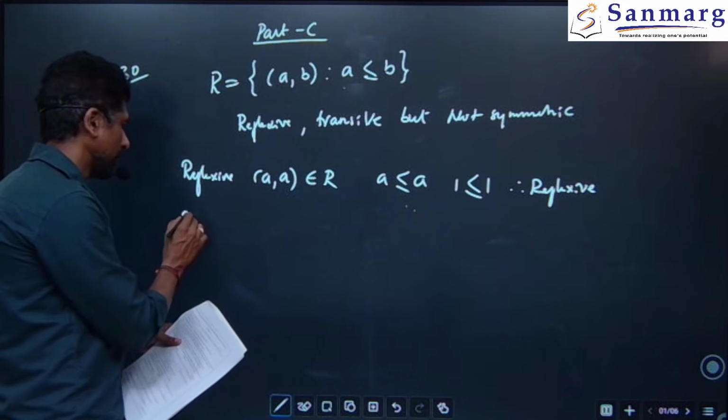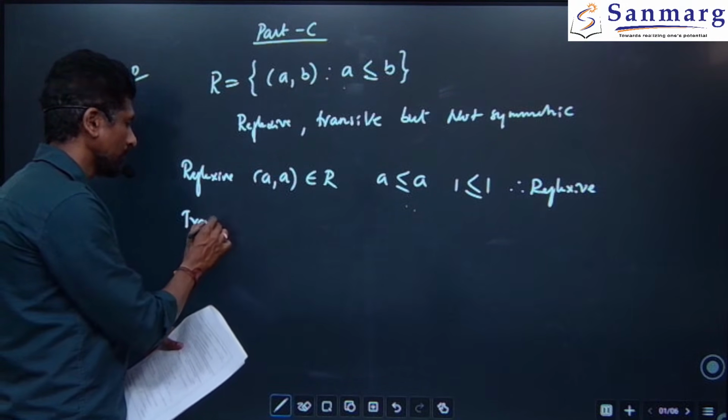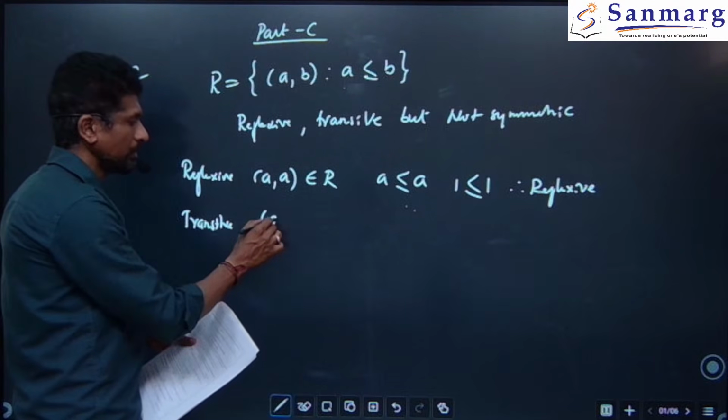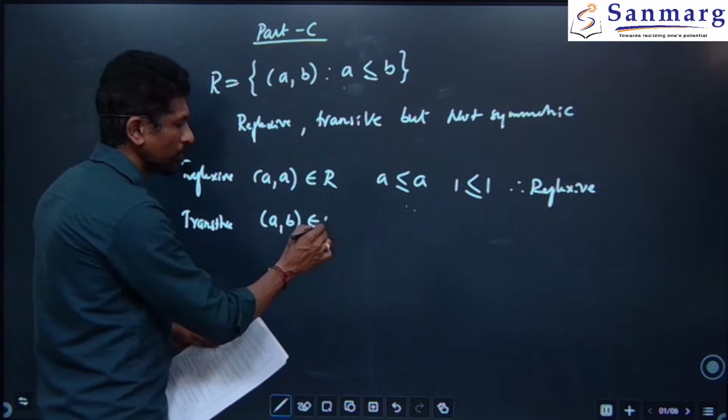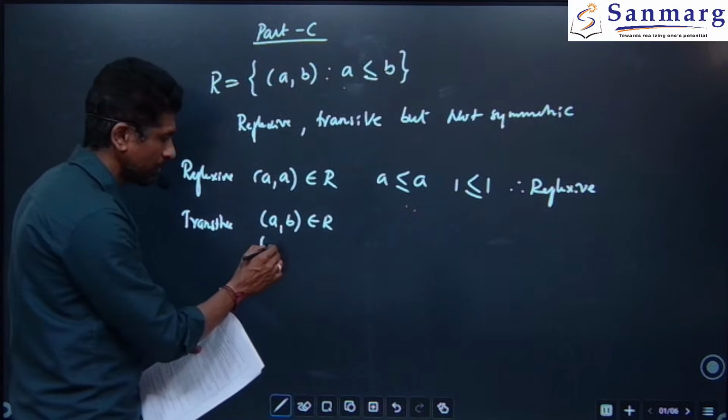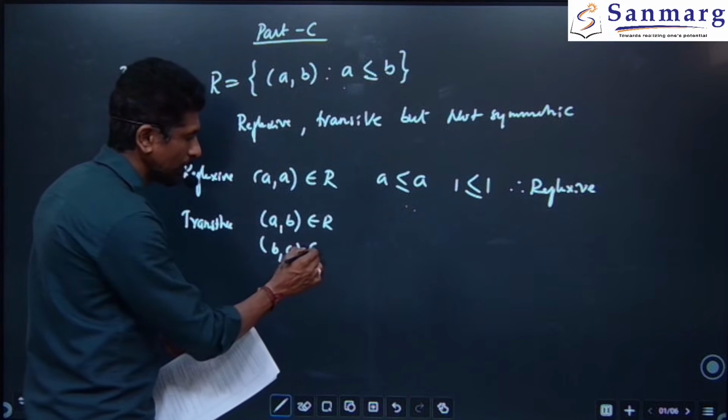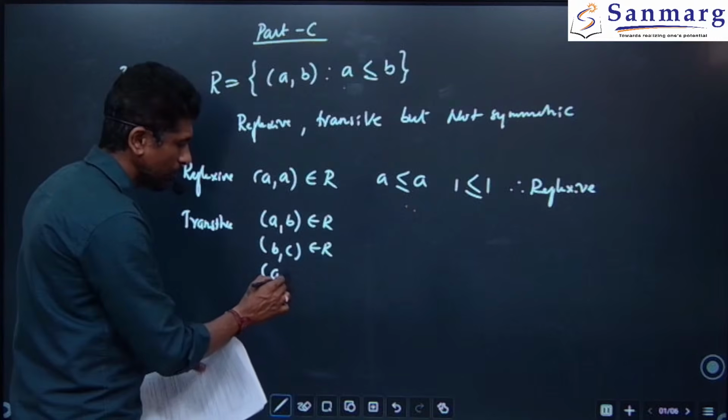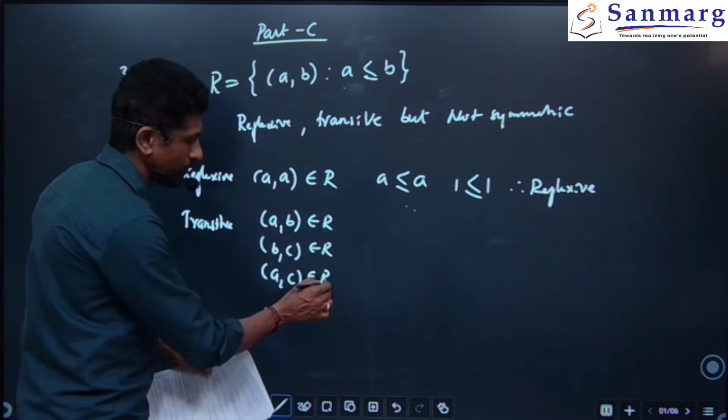The second one is transitive. In the transitive, A comma B belongs to R, B comma C belongs to R, and similarly A comma C belongs to R. This is the definition.